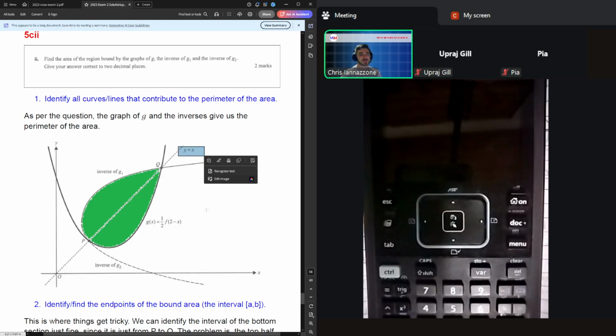Think about the line y equals x. It is definitely going to help us a lot when it comes to finding the area of the entire thing. If we only find a portion of an area and then use symmetry to solve the rest, that will be the fastest and easiest way of going about it.